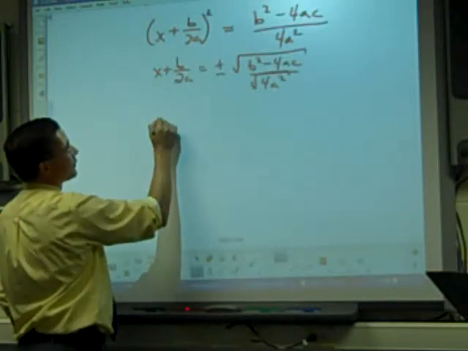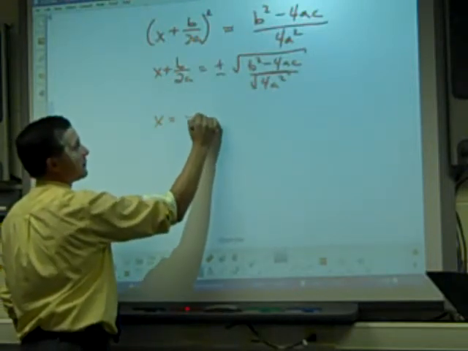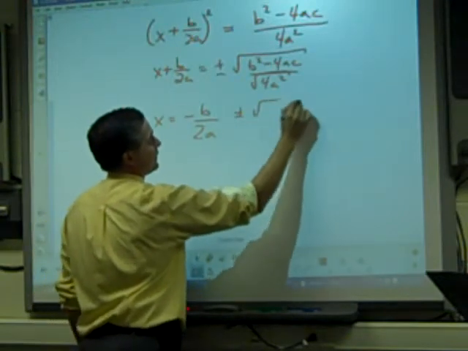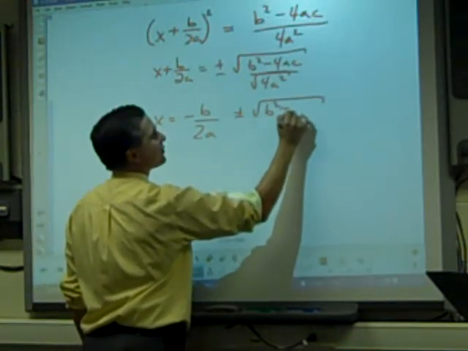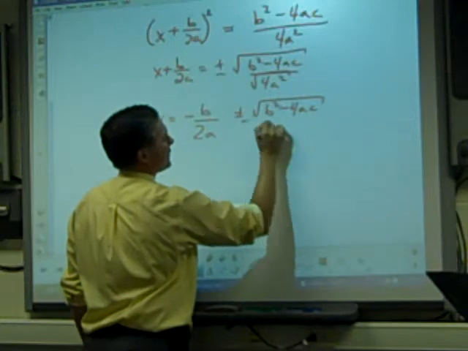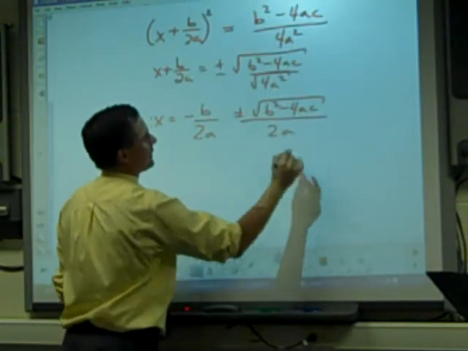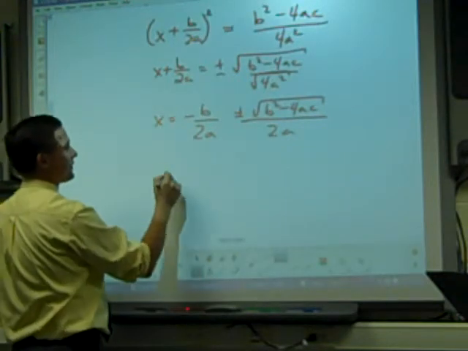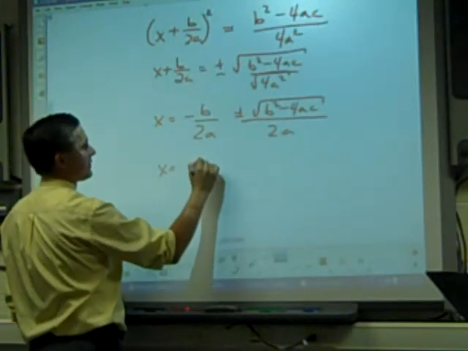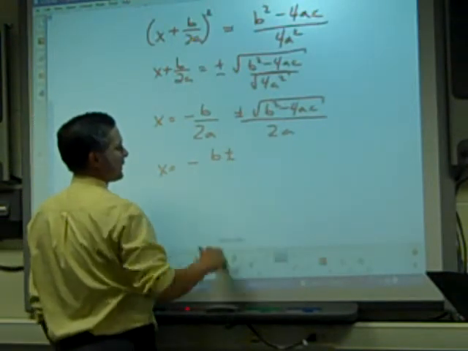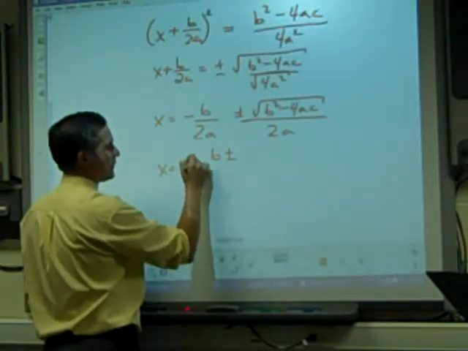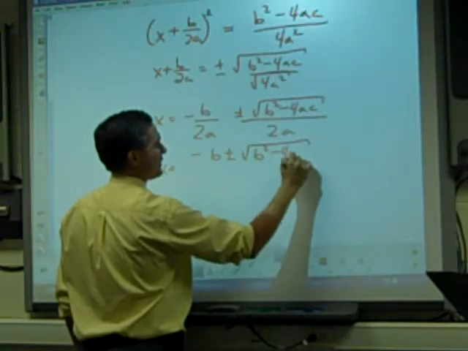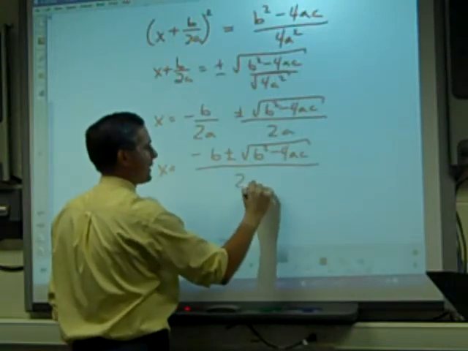And I can move b over 2a to the other side and get negative b over 2a plus or minus the top, which we call the discriminant, and the bottom becomes 2a. Common denominator. That way you know you did it correctly. And so you can finally write it this way: negative b plus or minus the square root of b squared minus 4ac all over 2a.